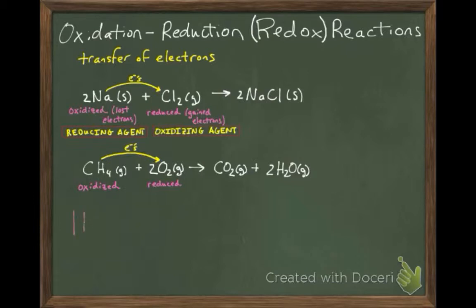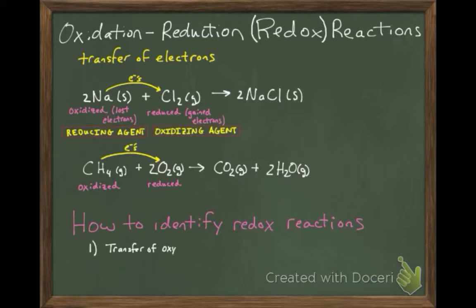So how do we identify these? There are two fairly easy ways to identify a reaction as a redox reaction. The first one is used commonly by biologists, and that is we look for a transfer of oxygen or hydrogen between species in the reaction.